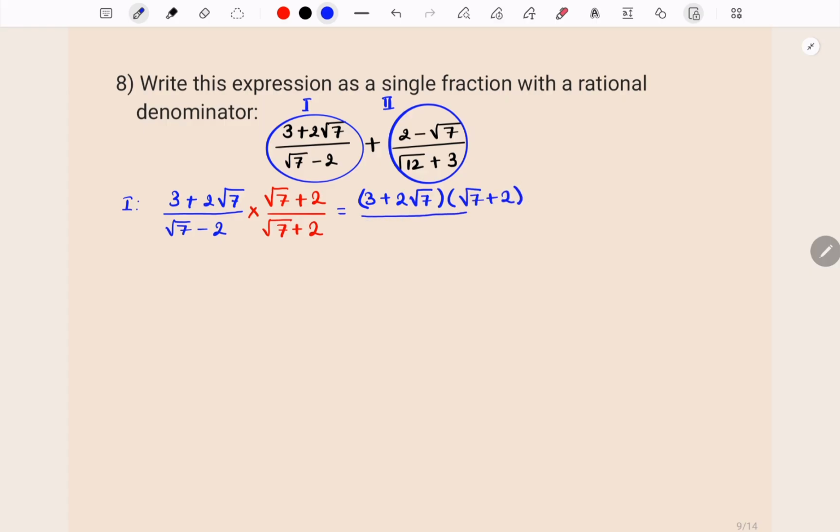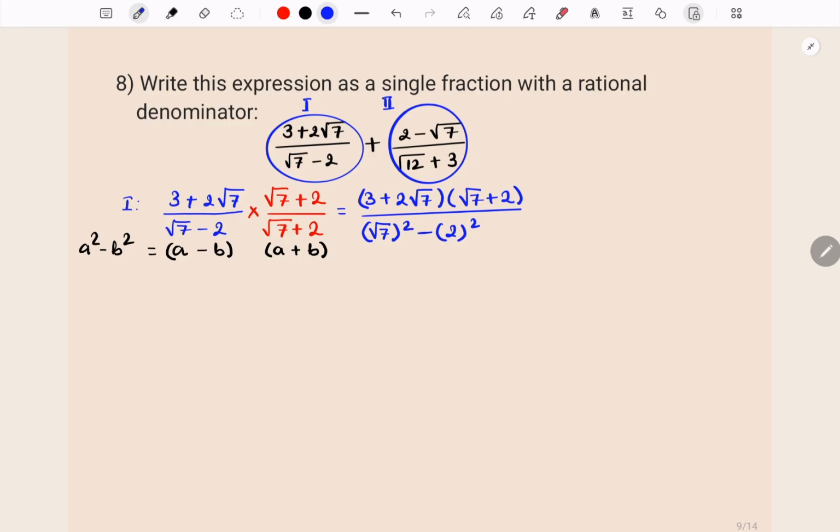And in the denominator, look carefully, I have the algebraic expression a minus b times a plus b. That is nothing but a squared minus b squared. So I can write it as root 7 squared minus 2 squared, right?